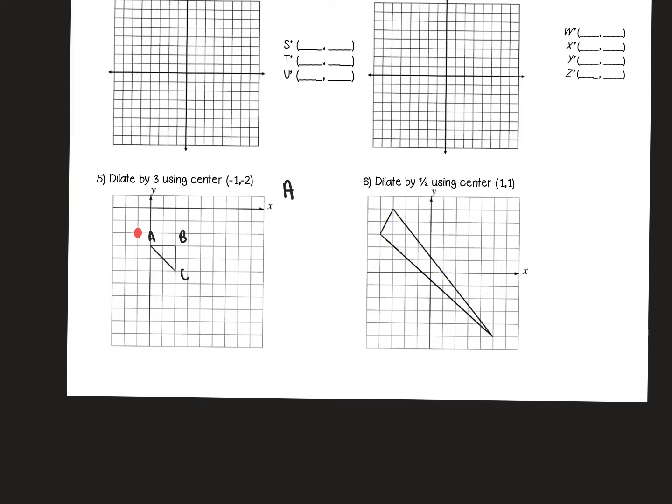For example, from my center to point A, I'm going down 1, right 1. So I like to just write myself directions. From my center to my point B, I'm going down 1, right 1, 2, 3. And then from my center to point C, I'm going down 1, 2, 3, right 1, 2, 3.